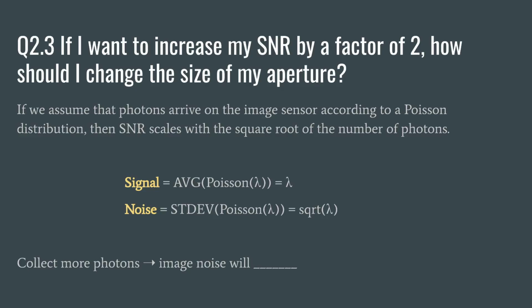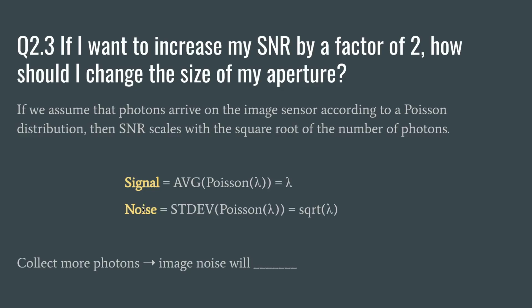So just to explain that a little bit more, our signal, which is going to be the average of our photons, is going to be the average of our Poisson distribution. So that's just going to be lambda.